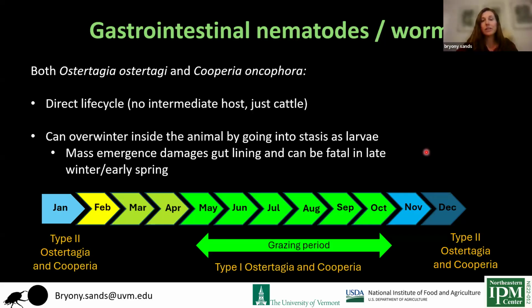We see that in the winter, and that's called type 2 disease. So grazing season is type 1 disease, and this case where we have overwintered larvae inside the animal is type 2 disease. I just wanted to mention that because we do need to be looking out for things like worms, even in the winter.